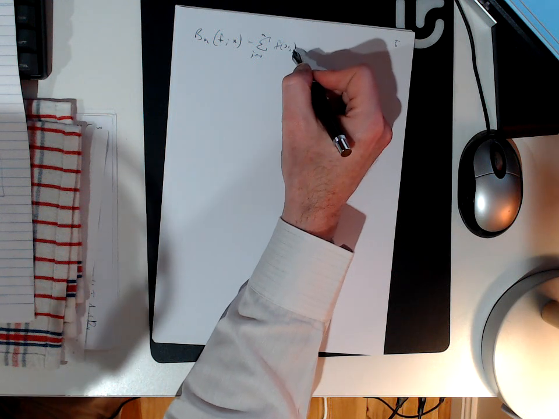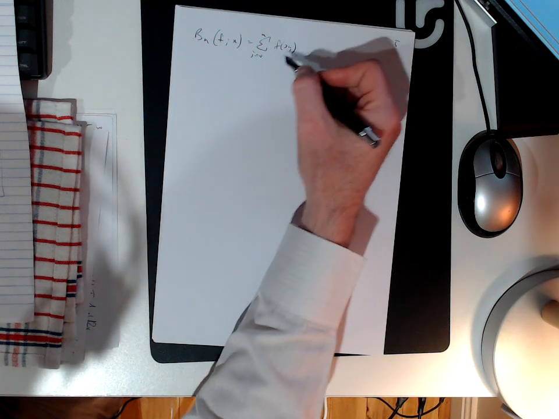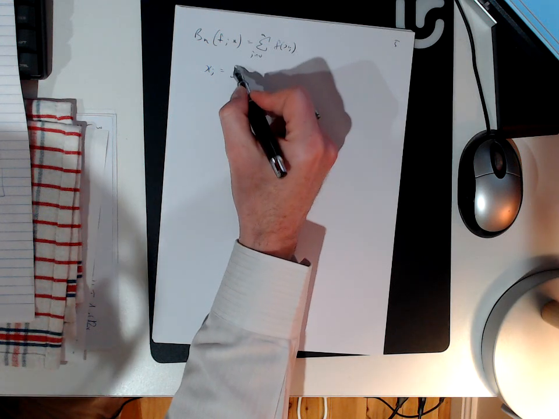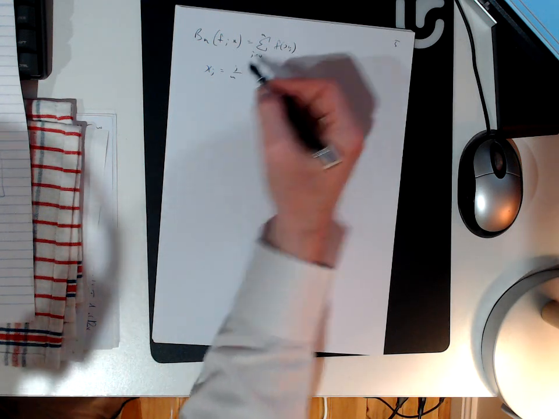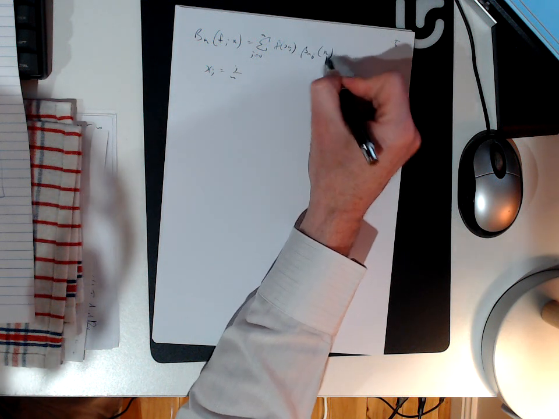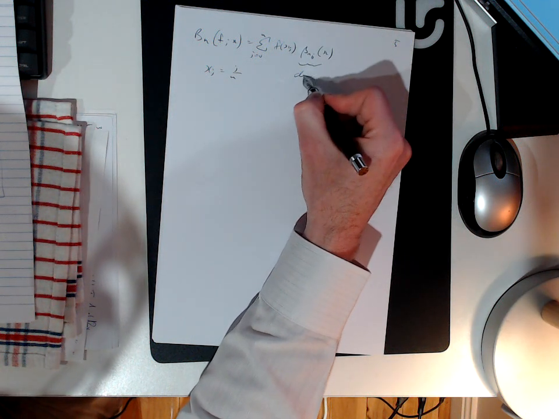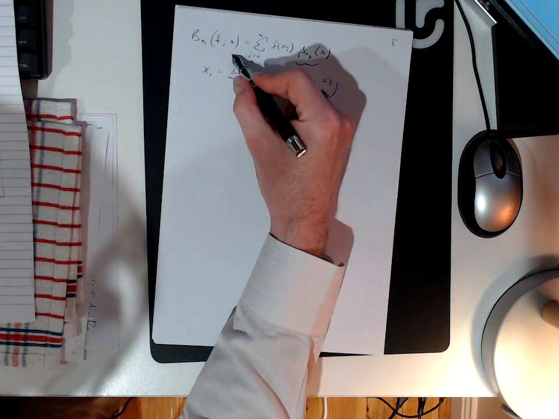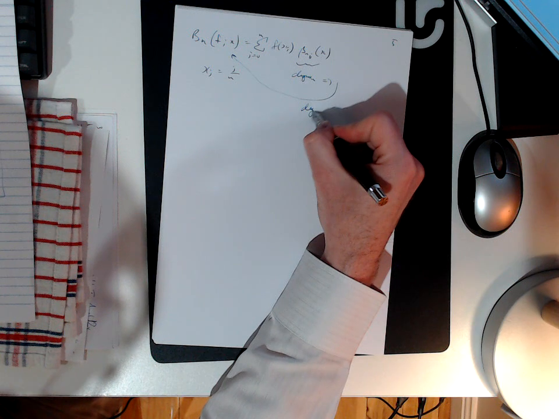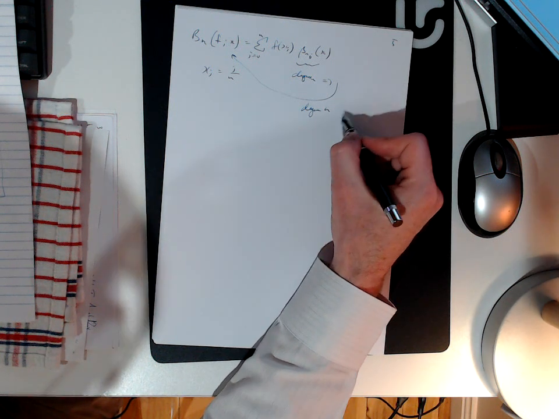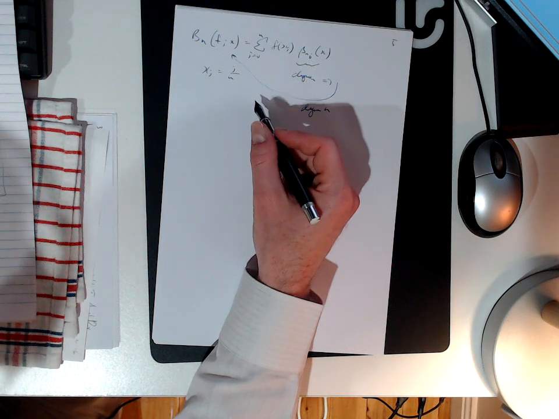Remember, we have some points, and in this particular case x_j is going to equal j over n, which are all inside our relevant interval, times my beta_nj at x. So each of these is degree n, and that implies that this is degree n, where I've chosen n to be bigger than my capital N.